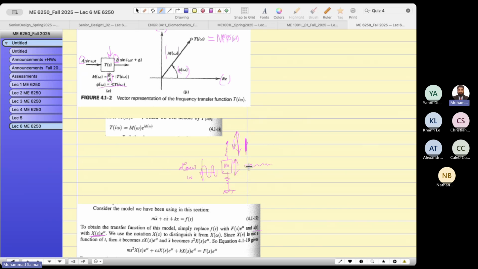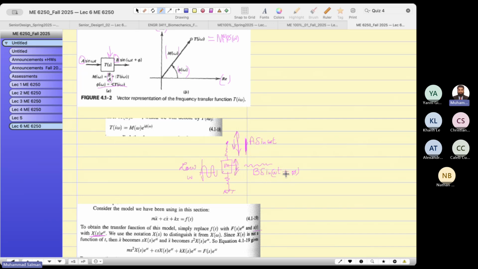As I mentioned, this is my input amplitude. My hand is giving a sinusoidal signal, and the signal which is coming out of this mass is like a displacement, like b sine omega t. I will say with some lag, because it is not exactly following the same phase.